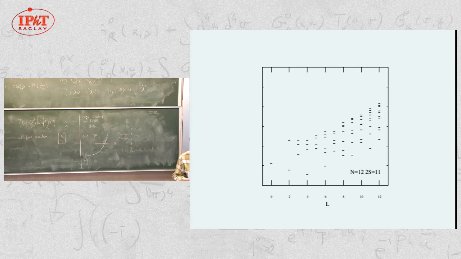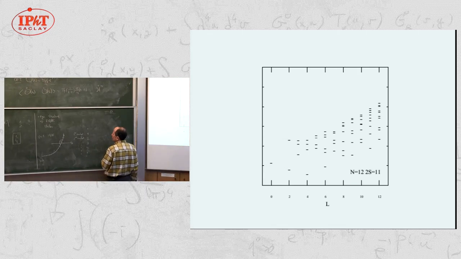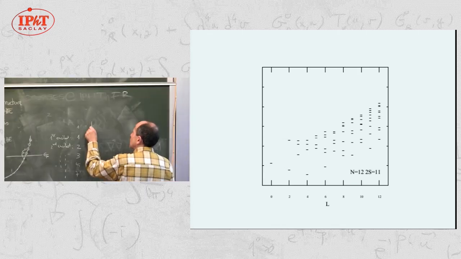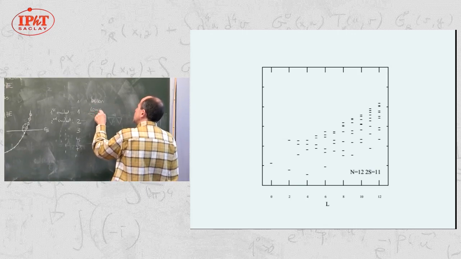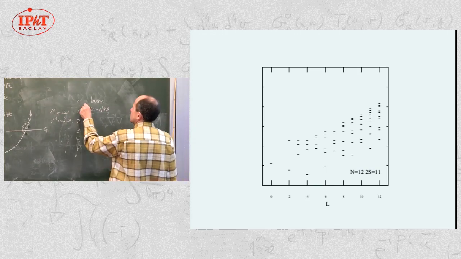You discover that it's the same as counting bosons. Instead of counting the particle excitations, this is also a boson counting, which means that you can perfectly describe the particle-hole excitations by using a Bose field, Bose creation operators. So it's really the same.